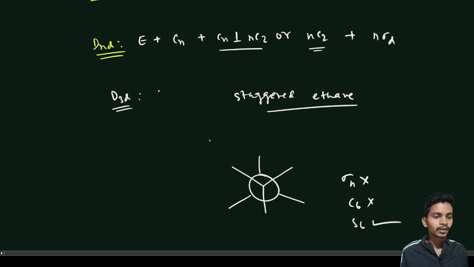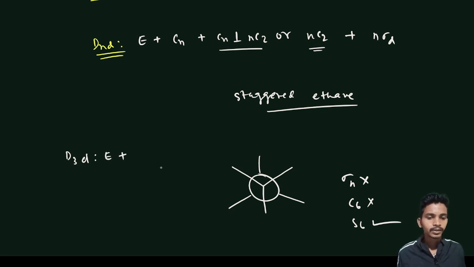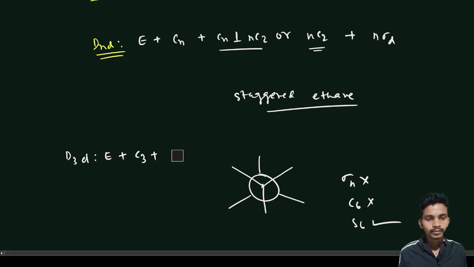So if I note about the D3d point group, what things are present? E is always present. After that, the C3 axis is present, but C6 is not present. And after that, 3C2 is present, perpendicular to Cn, that is C3.